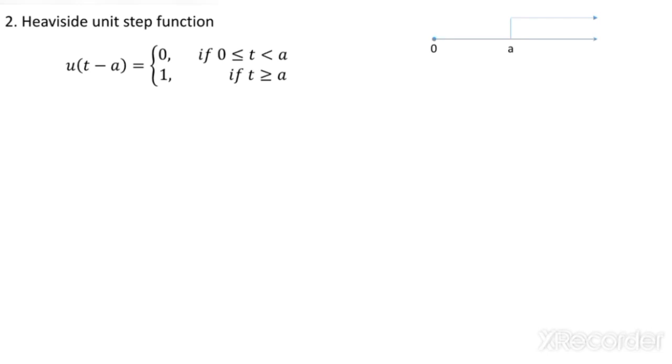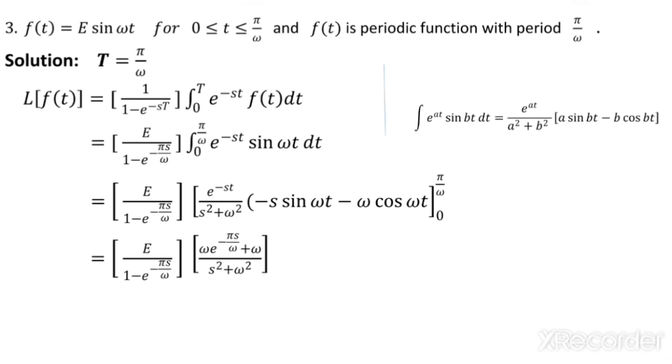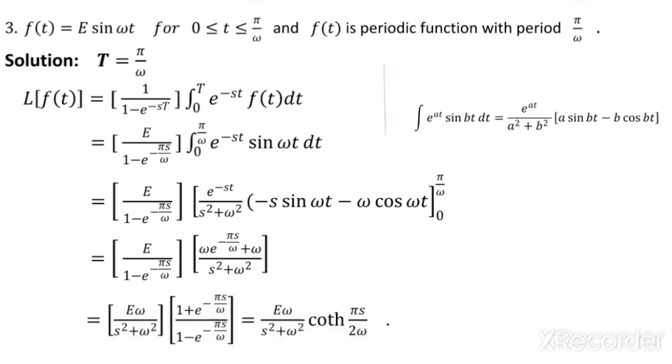So this is the answer: e omega by s square plus omega square cot hyperbolic pi s by 2 omega. So we have taken 3 problems under periodic function. I hope we can now move on to the next, that is Laplace transform of unit step function.